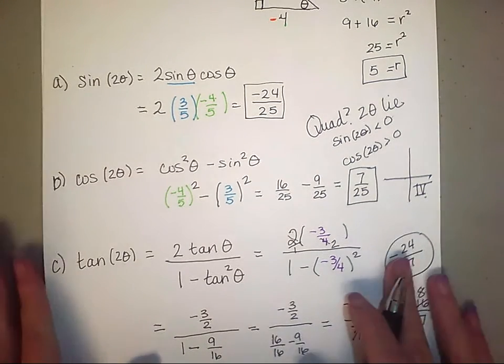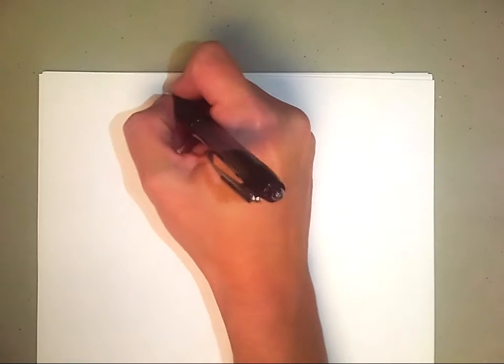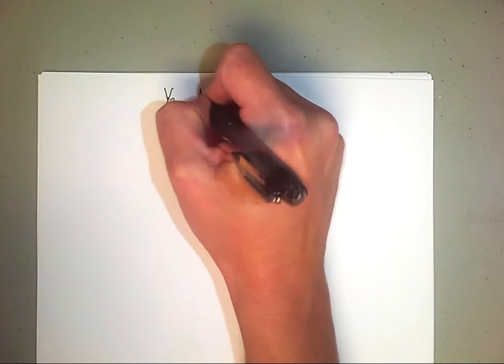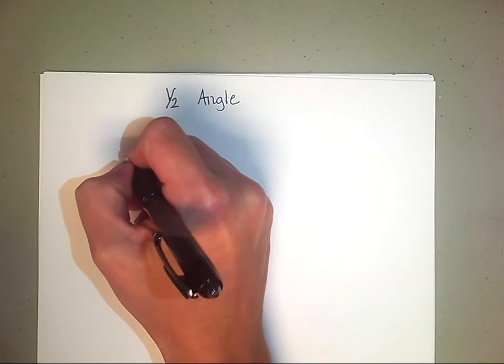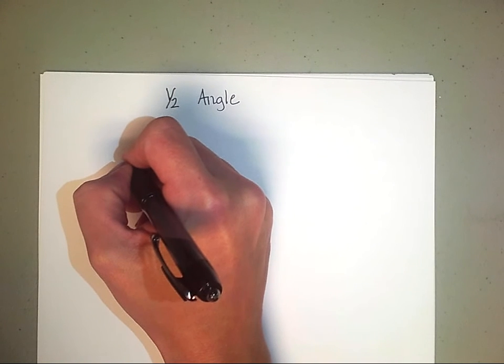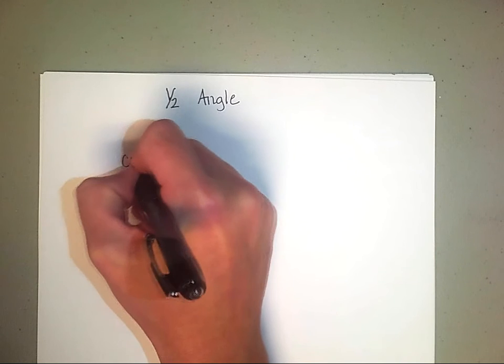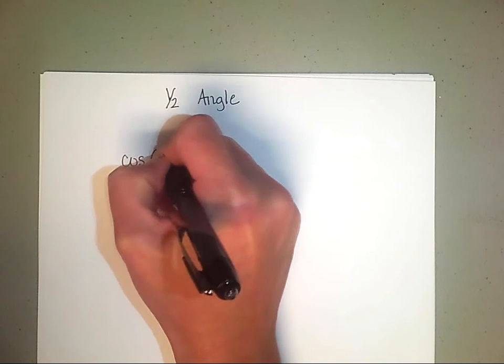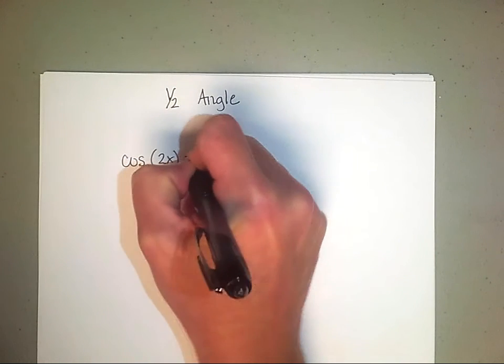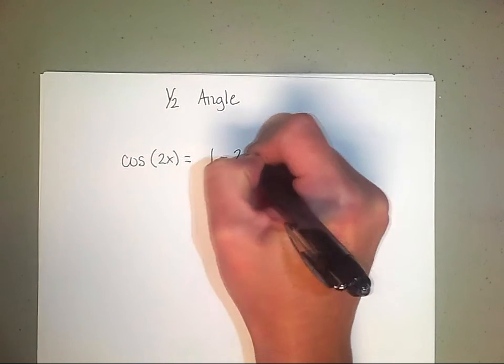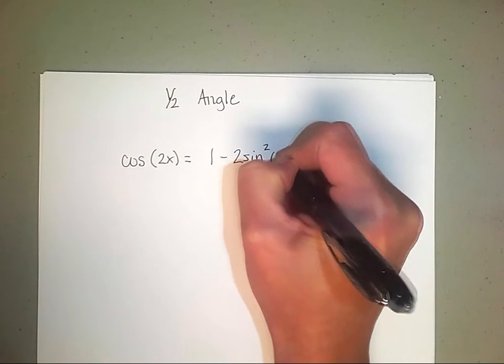Right, so those are the double angles. There's also the half angle, so let's look at how we would get to those. What we know is that the cosine of 2x is equal to 1 minus 2 sine squared of x.